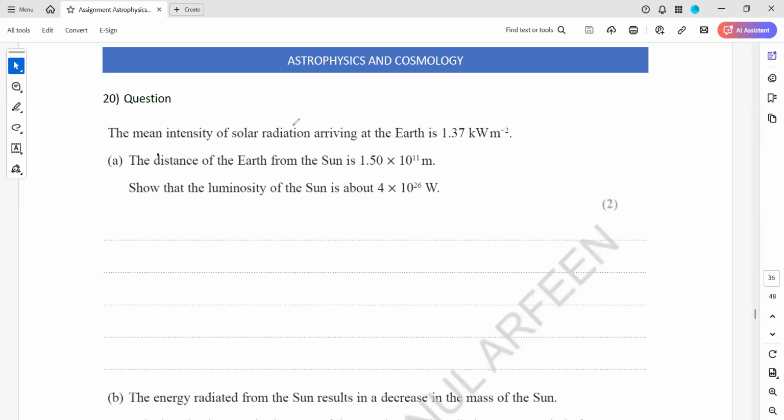The mean intensity of solar radiation arriving at the Earth is 1.37 kilowatt per meter square. The distance of the Earth from the Sun is 1.5 × 10^11 meter. Show that the luminosity of the Sun is about 4 × 10^26 watt.